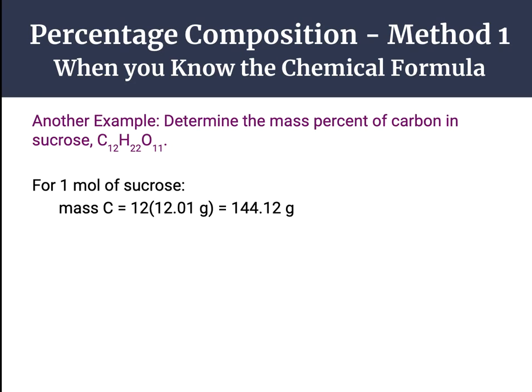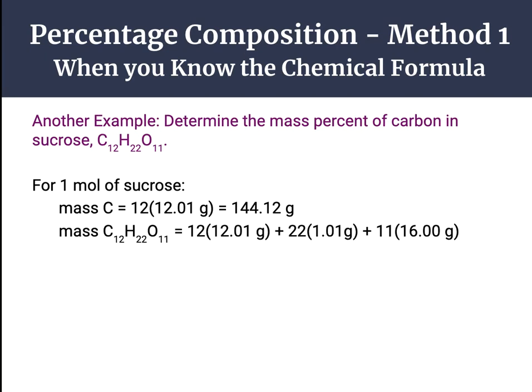So the mass of carbon is going to be 12 times 12.01 grams, which is the mass of 1 mole of carbon, which equals 144.12 grams. Then we're going to need the mass of the whole compound. We calculate this just like we've been calculating the molar mass of compounds, and we get 342.34 grams.